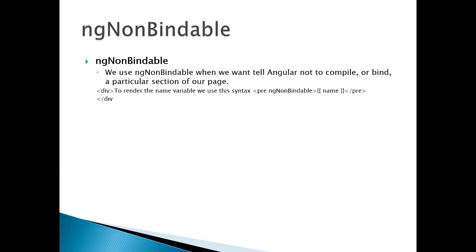Now, sorry, one more thing, ngNonBindable. Double curly braces indicate interpolation, but if you want to show that interpolation on the screen, like rendering the name variable, we use this syntax, and we don't want to convert this name into a value, we just want to display the name as it is on the screen.